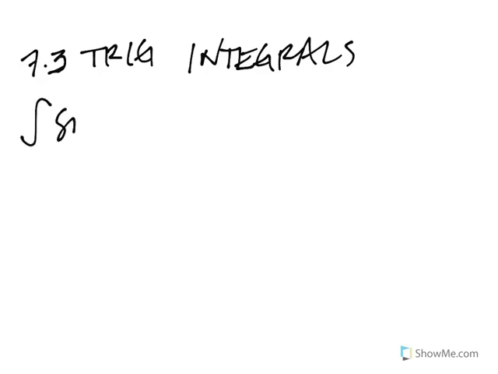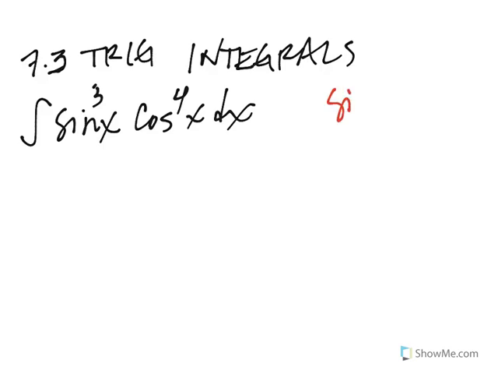Start off with a problem. The integral of sine cubed of x, cosine to the fourth of x dx. As you approach these problems, it's really not a new integration technique, it's just the way that you approach them. You'll need the three Pythagorean identities.